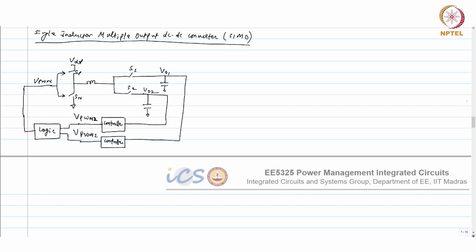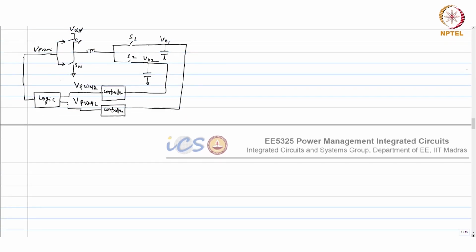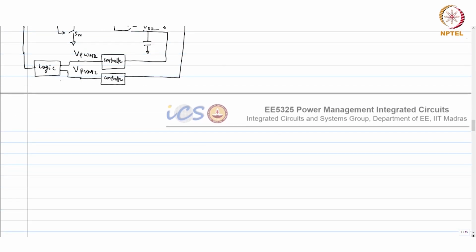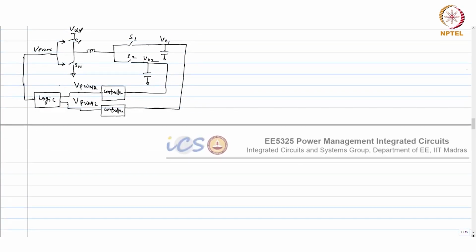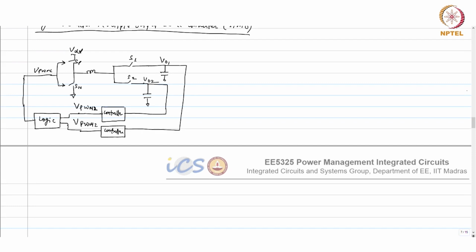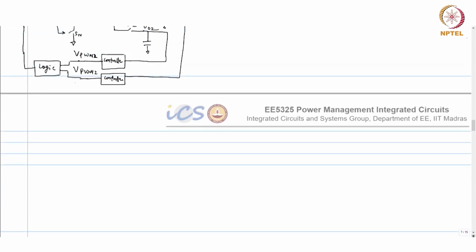And this logic is nothing. Can somebody guess what this logic should be? We are sharing the same inductor, which means we can share it by time multiplexing. For one cycle, I am feeding one duty cycle, and for another cycle I am feeding another duty cycle. Correct.